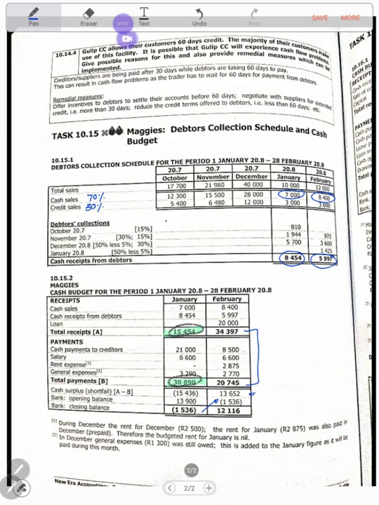I subtracted my opening balance, which was the overdraft of 1,536, and I've closed my bank balance this month on a total of 12,116 Rand.